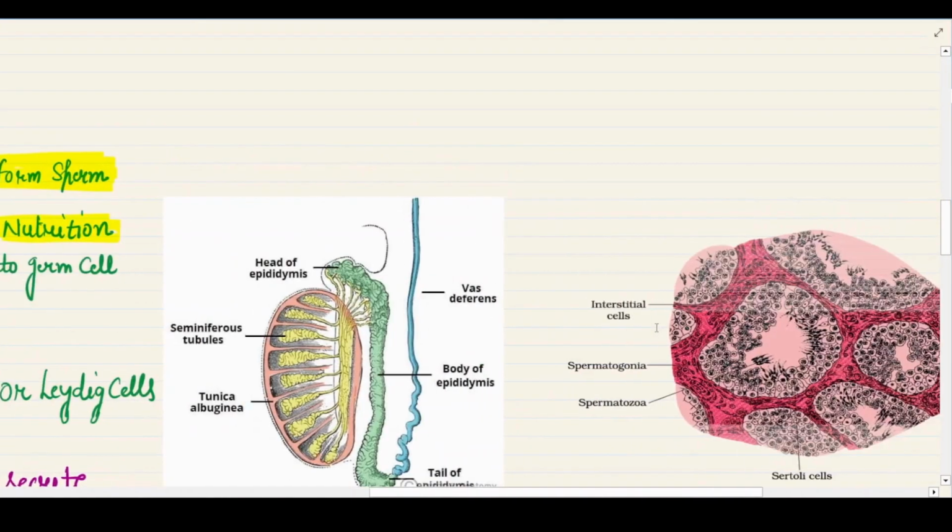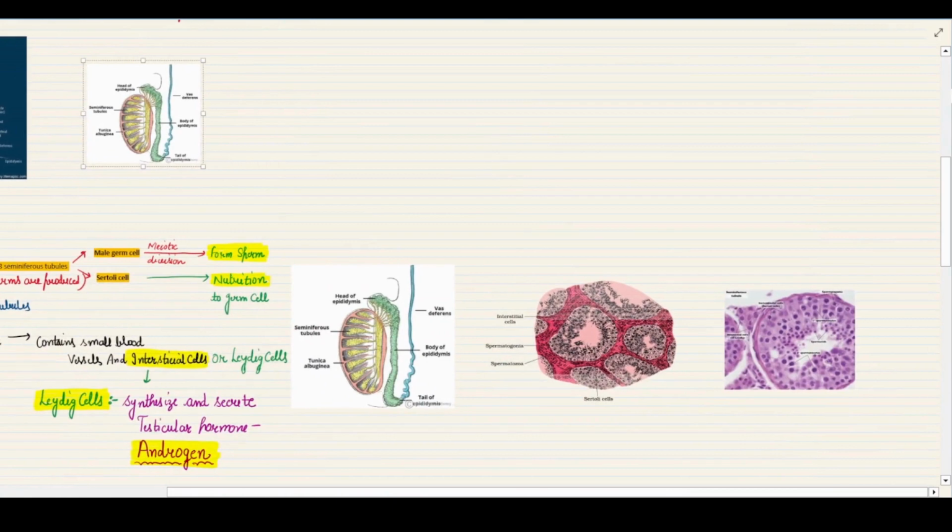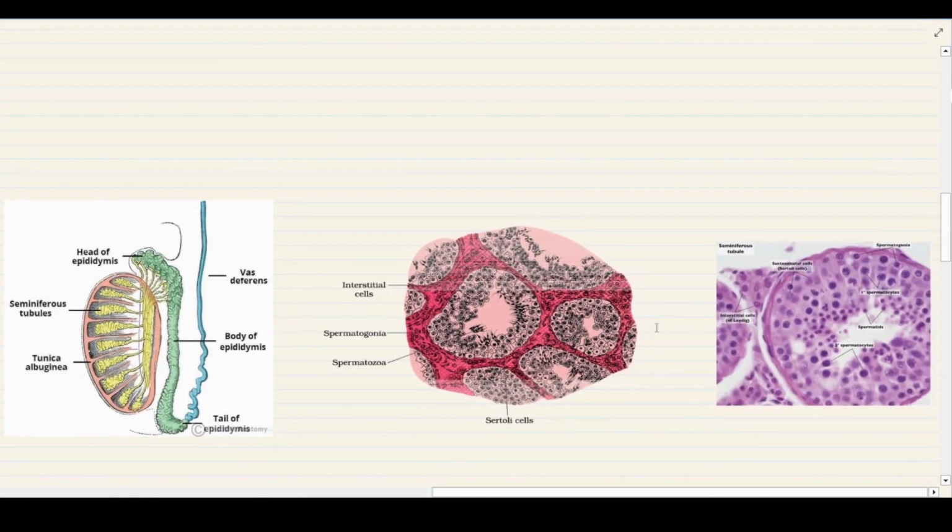If you can see here, this is the structure of a single testis, and this is the section of one seminiferous tubule. This is the microscopic view, also a picture from your NCERT book.